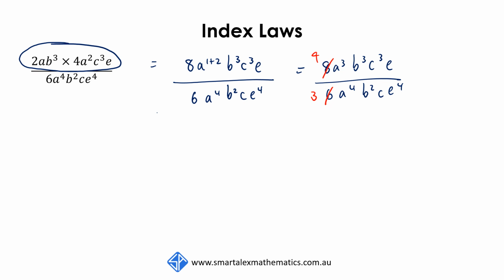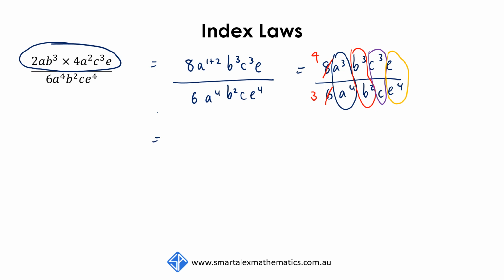And now we're going to group each of the terms with the same base. We've got the a cubed over a to the 4. We also have b cubed divided by b squared. We also have c cubed divided by c. And the last one, e divided by e to the power of 4.